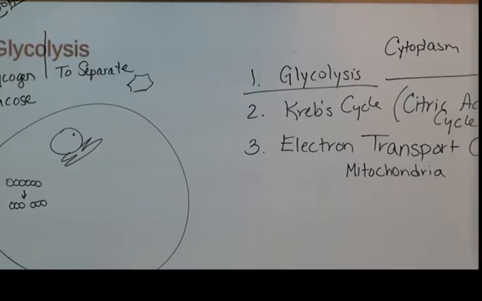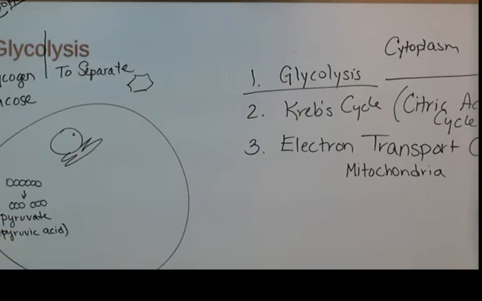I'm going to put this term out there only because I've seen it in a couple of different examples: we call these pyruvates or pyruvic acid. So yes, there's other stuff happening, but basically glycolysis is happening in the cytoplasm and is the process of breaking glycogen or glucose down into pyruvate or pyruvic acid.